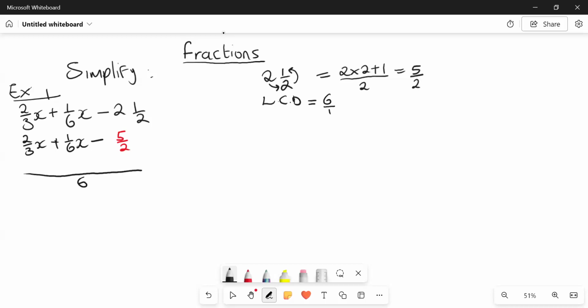And then let's start with the first part of our fraction, which is 2 over 3 times x, right? So we have 2 over 3x. Now you multiply everything by our LCD. But we need to start with the first part of our fraction. So multiply numerator by numerator, denominator by denominator.